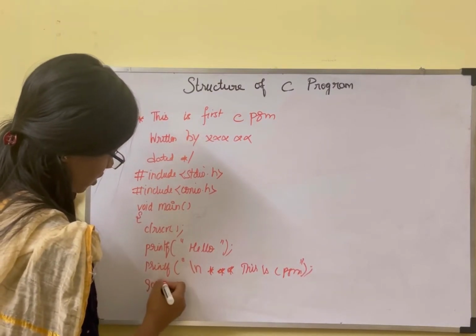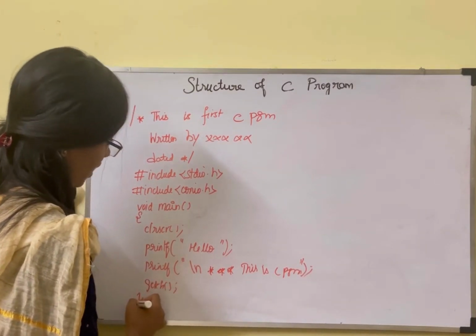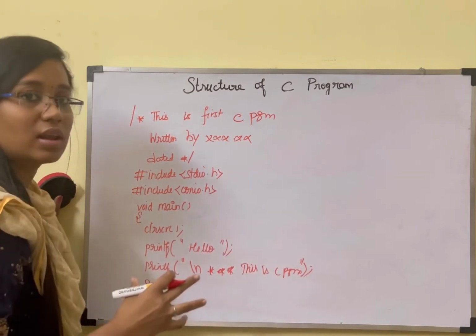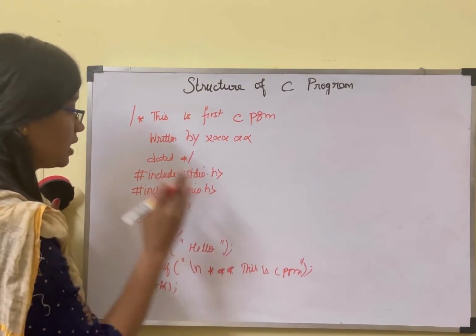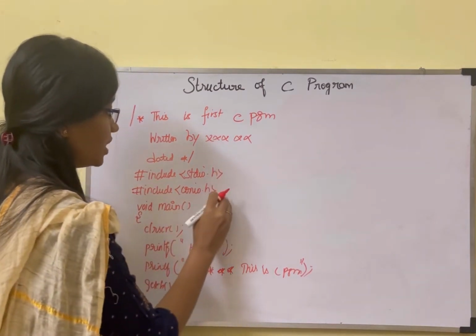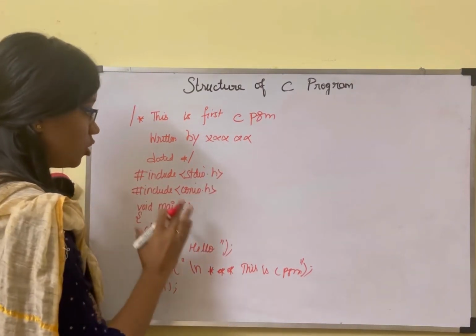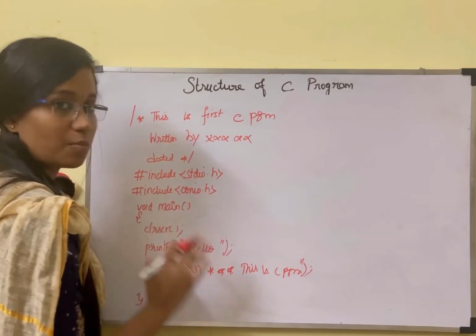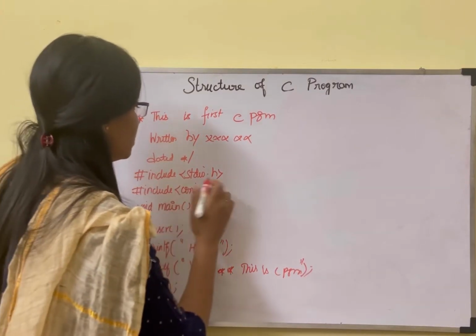Then you can give any number of printfs. This program is of no great use, but just to help understanding, I have written this simple program, and these two are header files, which are very important. There are more header files, but these are very important for a C program.